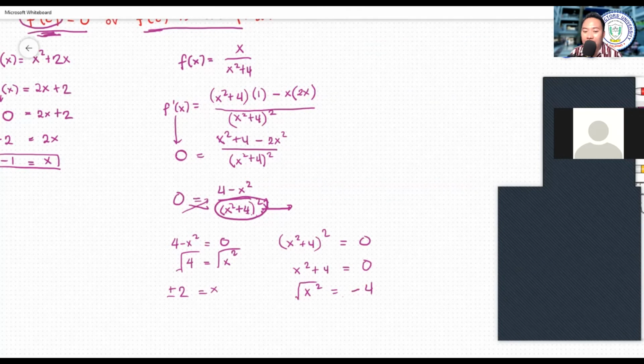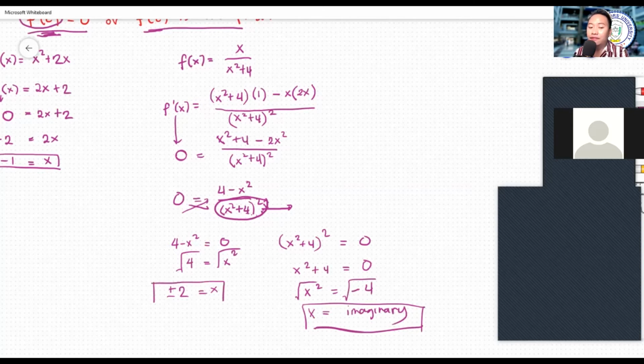Solving it like this, the answer is an imaginary number, which we are not going to include in the solution because, again, remember, the domain should be a defined value of x. We don't consider those imaginary numbers, which are not part of the real numbers. So technically, the answer is the one we had earlier, guys. However, if your denominator would not result in an imaginary number, that would still be part of your critical values.